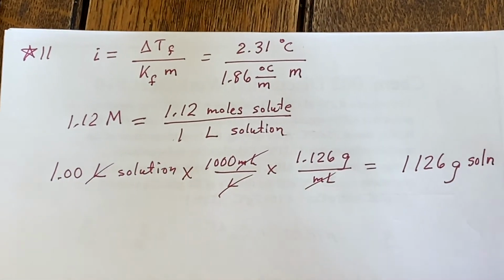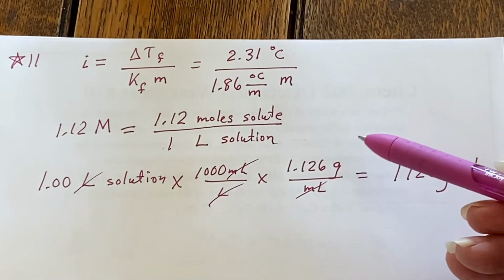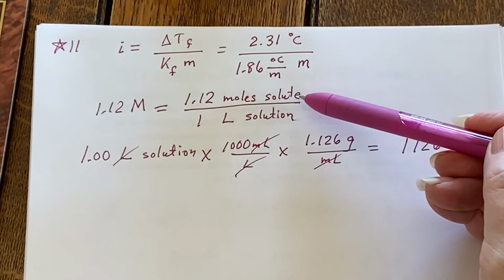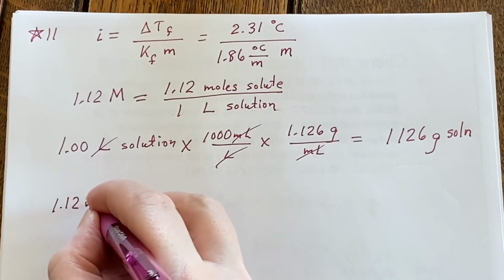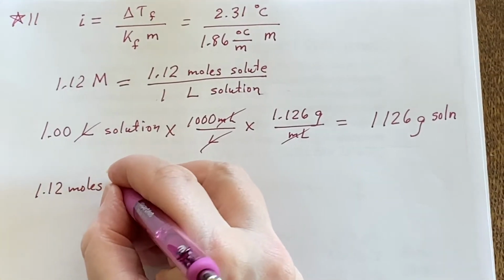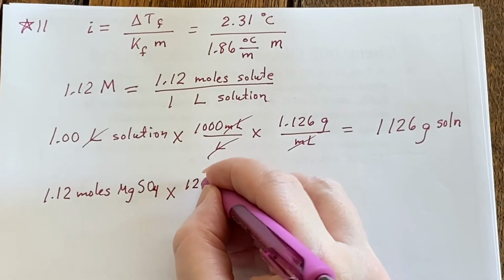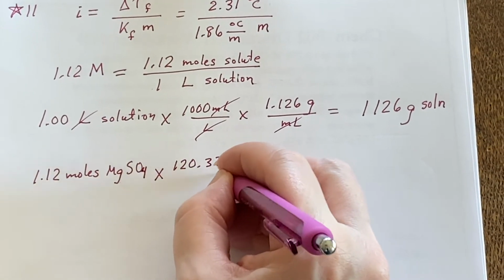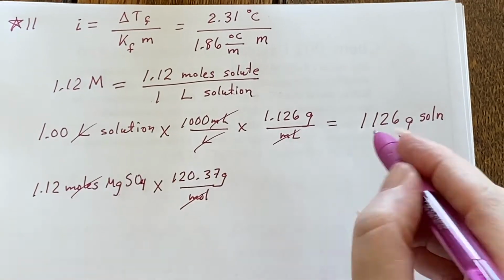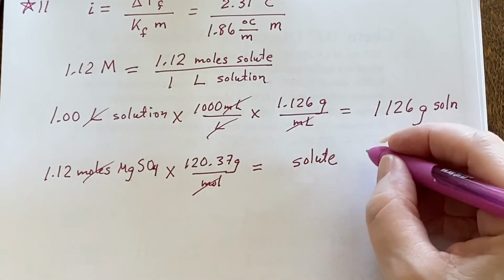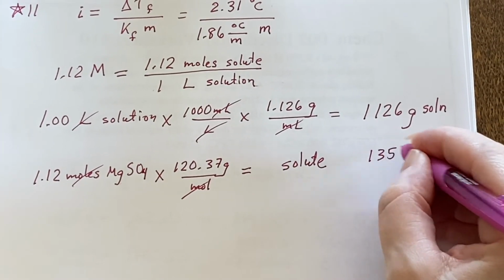But what I really need is kilograms of solvent. They told me how many moles were in it. I have 1.12 moles of magnesium sulfate. So I can figure out what the molar mass of this is. I'll find out it's 120.37 grams per mole. Cancel the moles. And I find out that the solute in here weighs 135 grams.